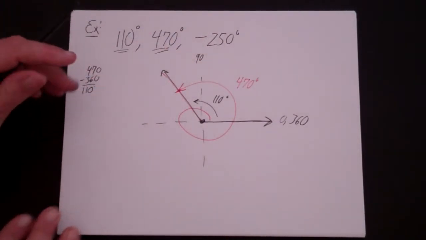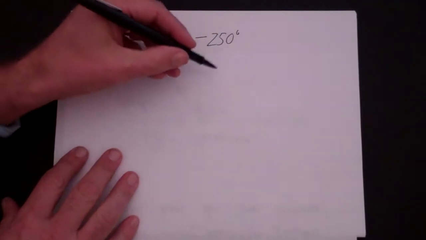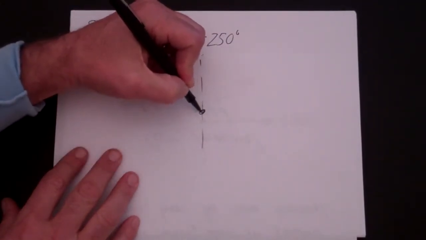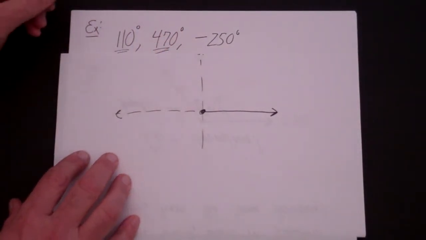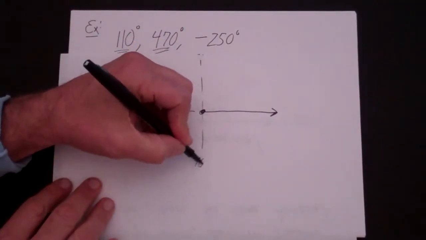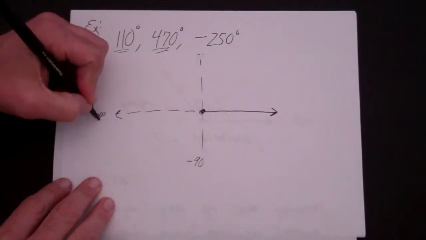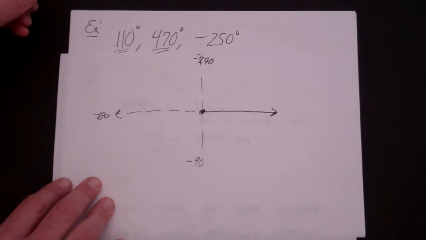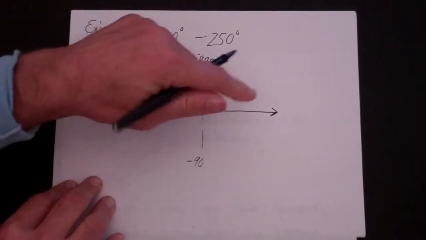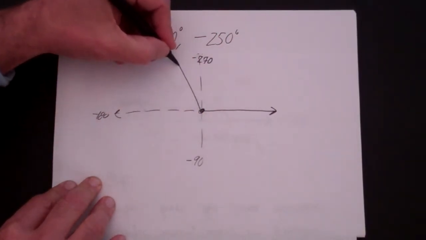Negative 250 is not so clear, but let's look at that one for a second. You always start in the same place. That's the key about angles in standard position. This is minus 90, and that's minus 180, and that's minus 270. Minus 250 is going to be, if you're traveling backward, 20 degrees short.